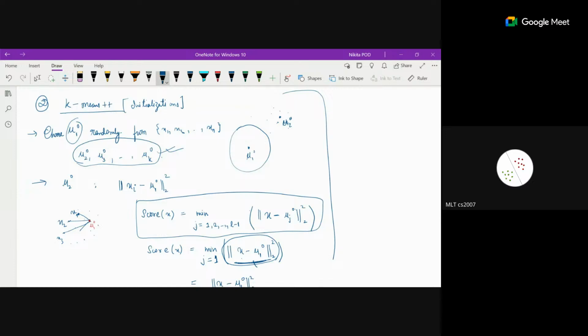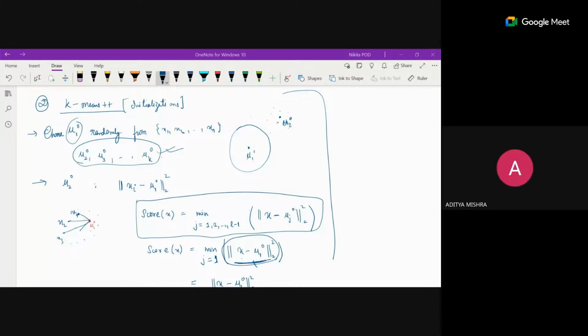The algorithm is free to choose any data point as the second cluster mean, but it will follow a certain distribution. There is a high chance that the data point with the highest score will get chosen as the second cluster mean, as compared to the data point with the lowest score. So this is what is happening in k means plus plus.